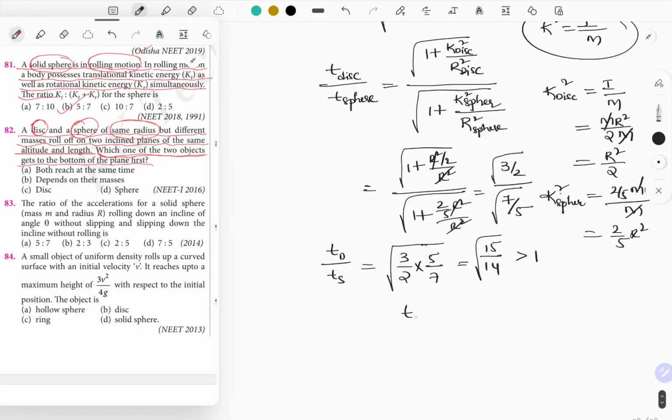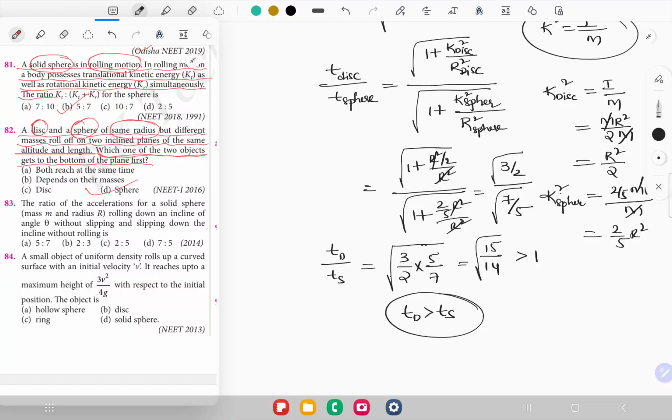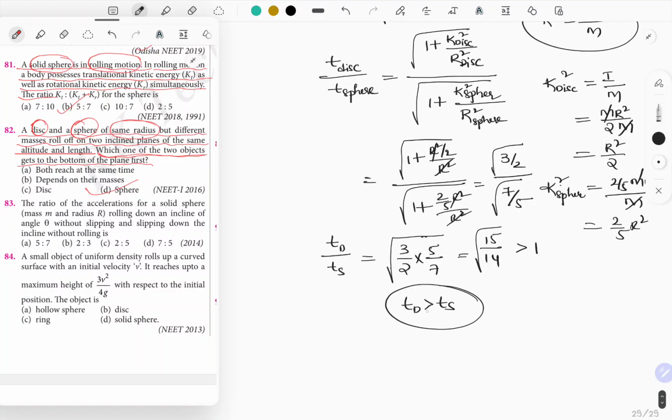That means T disk is greater than T sphere. That means the time taken by the disk to reach the bottom is greater than the time taken by the sphere. So which object will come first? Definitely the sphere. Try to understand: more time taken means it comes later, and less time taken means it comes earlier.